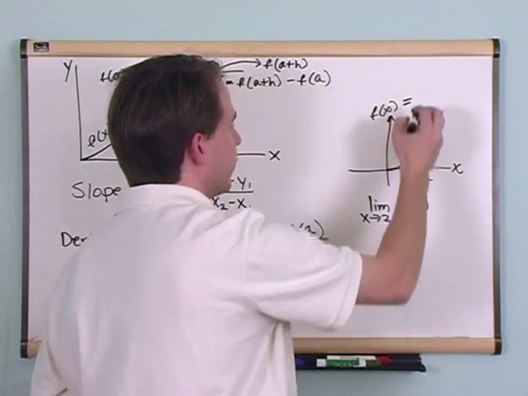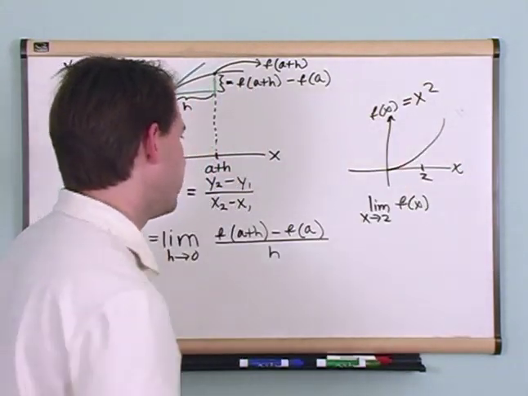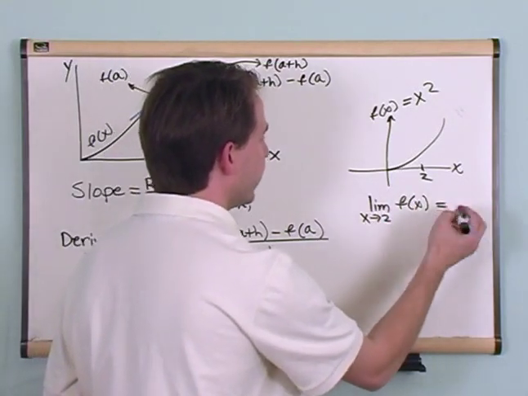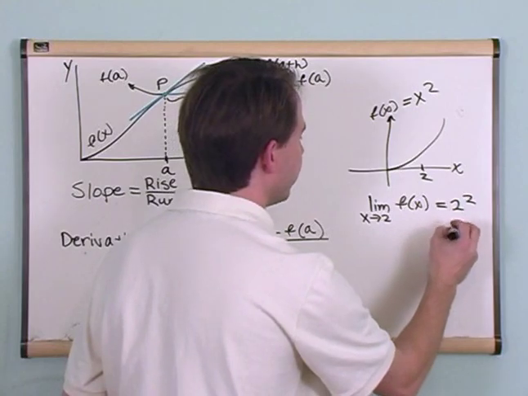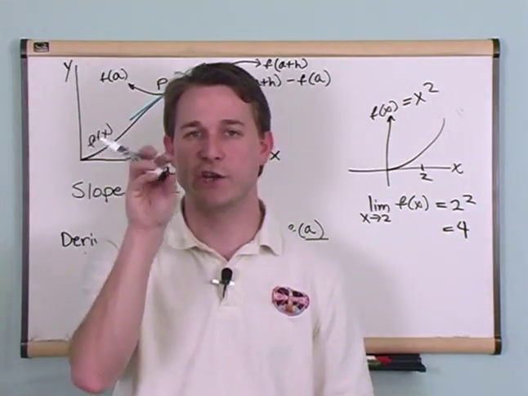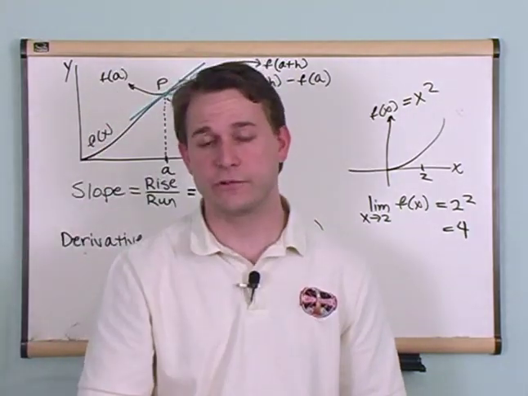If f of x is x squared, I'm going to make it a real curve here, so f of x is x squared. The limit of f of x as x approaches 2 is 2 squared, which is 4, okay? Really, when you take the limit, all you really do is you take the number that you're approaching, you plug it into the function, and that is what your limit is equal to.